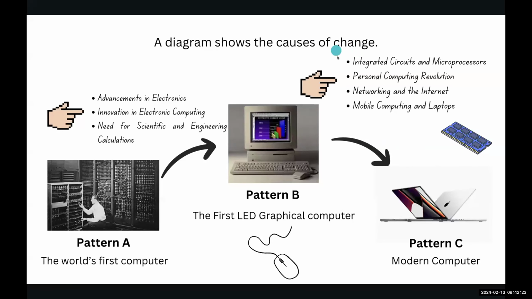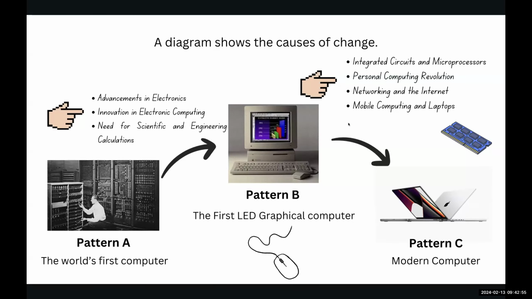In here, we needed many calculations during wartime, scientific research, and business data processing. Therefore, people pushed progress forward. People wanted more personal computing, and we wanted integrated circuits and microprocessors, which make computers a lot faster.